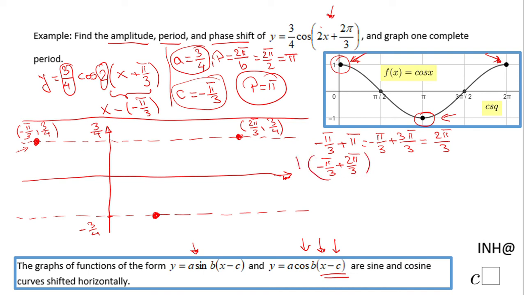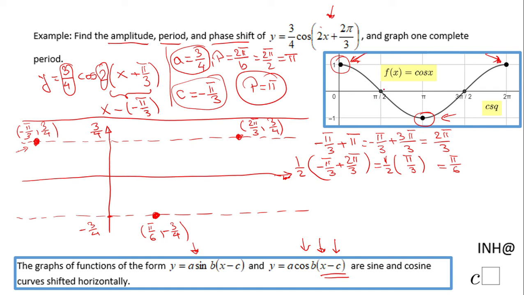And because I said in the middle, we're going to divide by 2 or multiply by 1/2. So we have 1/2 times negative pi over 3 plus 2 pi over 3, that is pi over 3. And 1/2 times pi over 3 will be pi over 6. So this point here, which is the minimum, is going to be pi over 6 and negative 3/4.